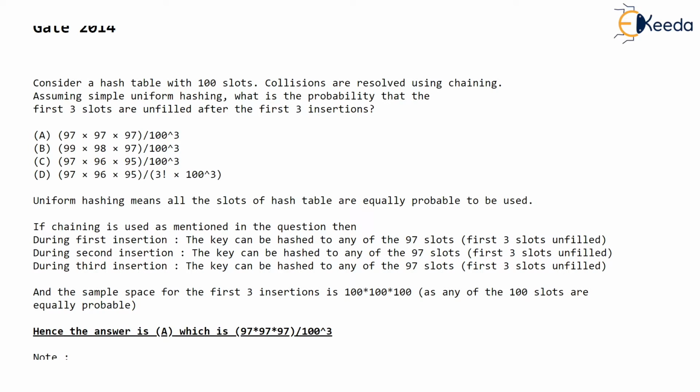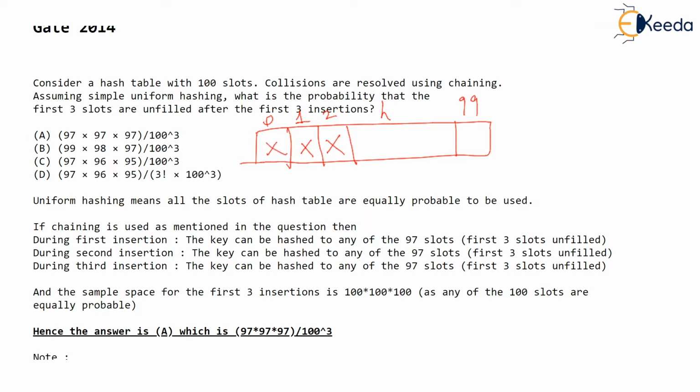Now, what are the favorable cases? That is the numerator. Just see this. This is very easy now. The hash table is 0 to 99. All elements are pointers. And you are asked, the favorable case here is that the 0, 1 and second places should remain empty after the first three insertions.